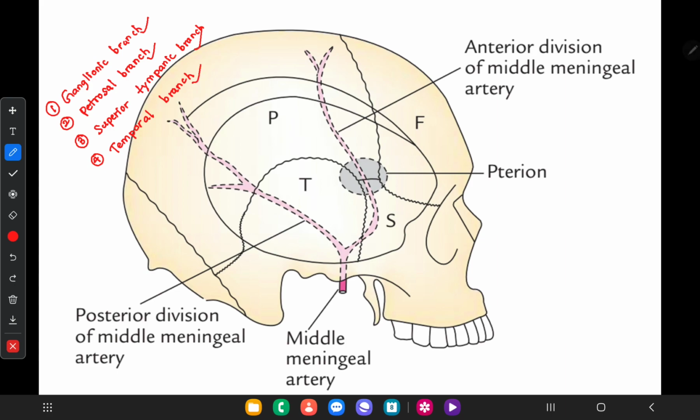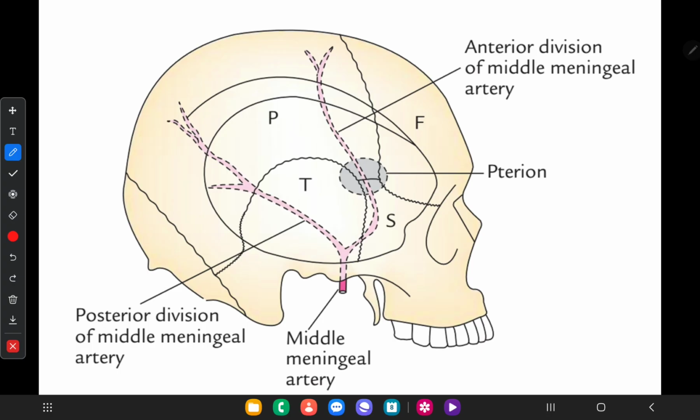Then you have the temporal branch, which enters the temporal fossa to anastomose with the deep temporal branches of the maxillary artery. So, those are the minor branches. The middle meningeal artery primarily supplies the cranial bones, diploe, and the dura mater of the skull.